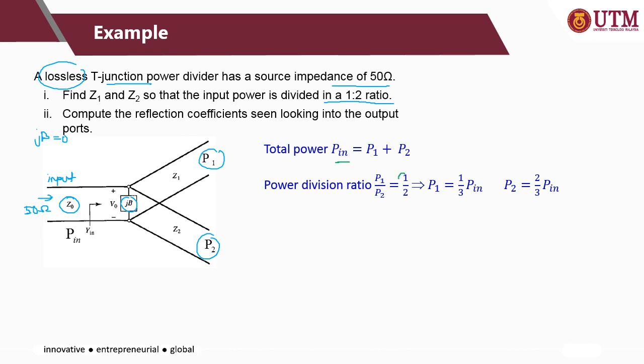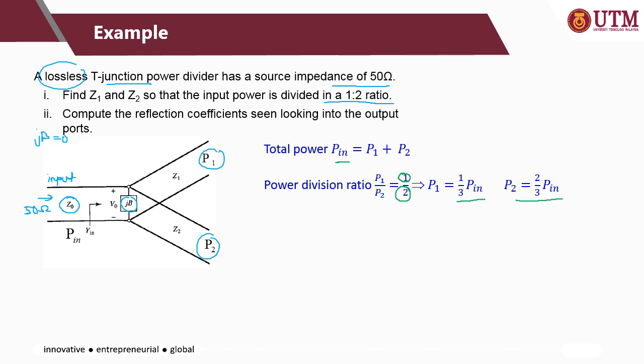One part will be given to port 1 and the other two parts will be given to port 2. In other words, port 1 will receive 1/3 of the power from P in, while port 2 will be given 2/3 of the input power.